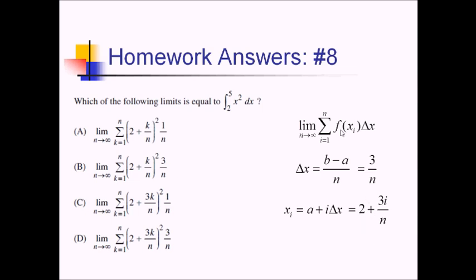So f in this case is just the x squared. It's your integrand. So I have 2 plus 3i over n quantity squared times 3 over n inside my summation limit notation. So in general, matching one of the answer choices, that's looking like choice D has all of that.